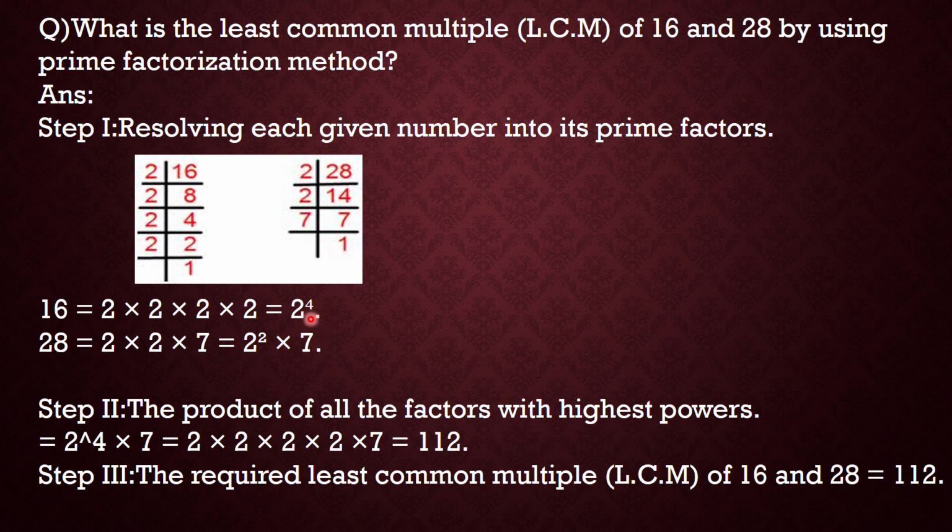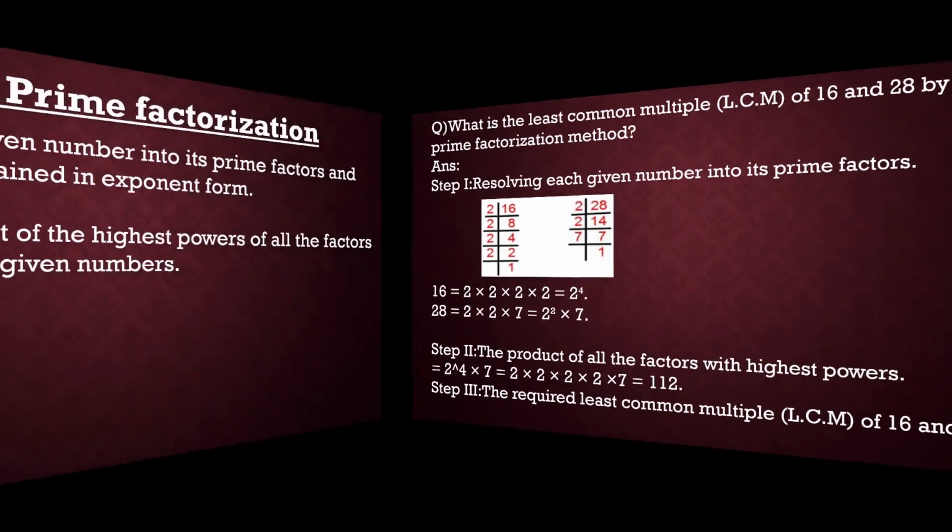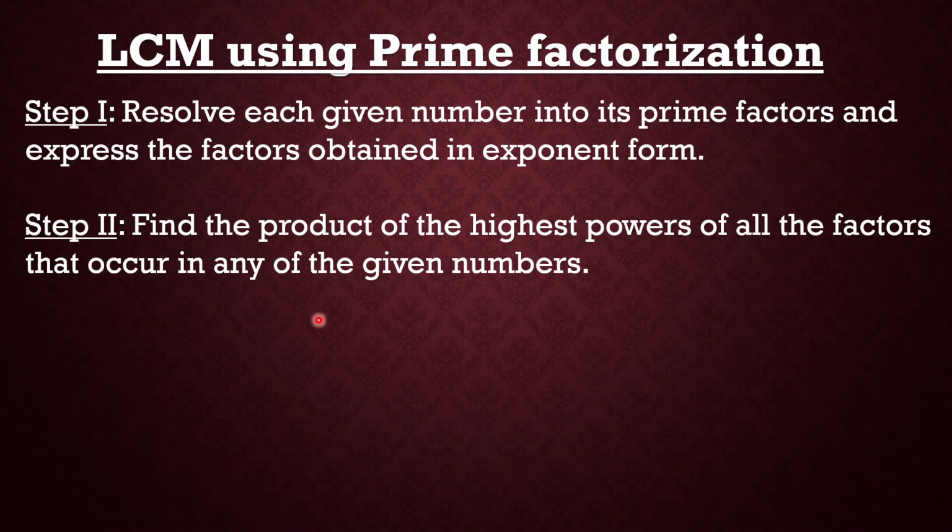When we compare, 2 square is there and 2 to the power 4 is there. In our previous slide we saw that we have to find the product of the highest powers of all the factors.